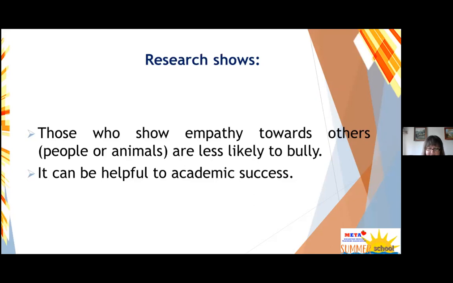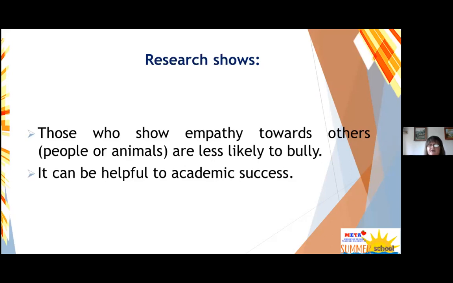And when we teach them how to do it, and when we show them how to do it, our students hopefully will become just kinder. So research also shows that it helps students understand, study, and work with others.